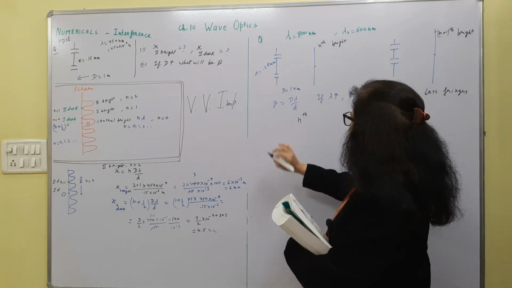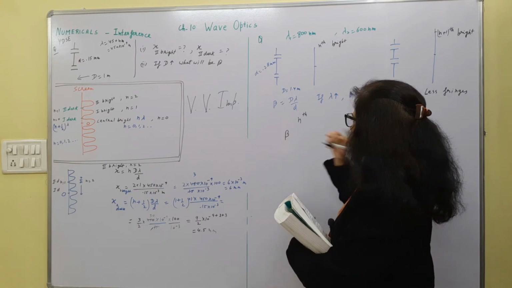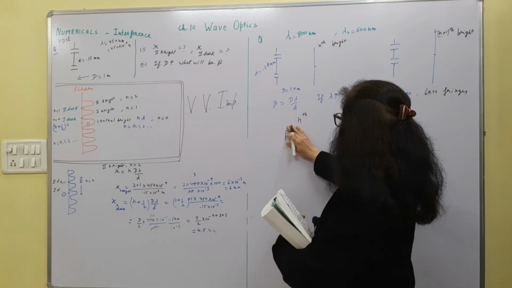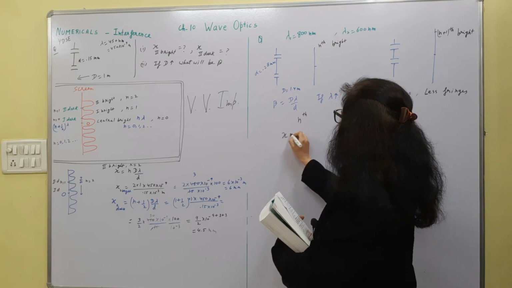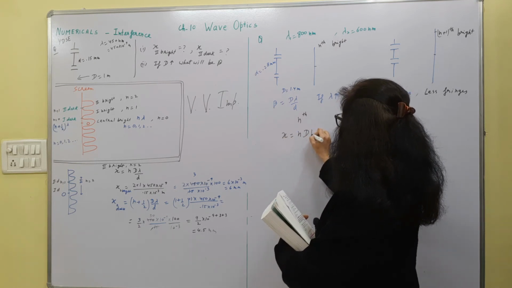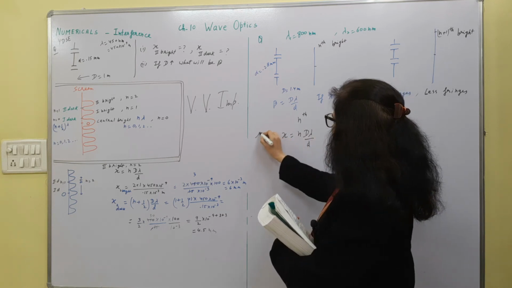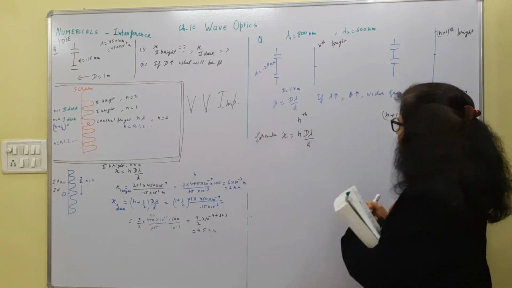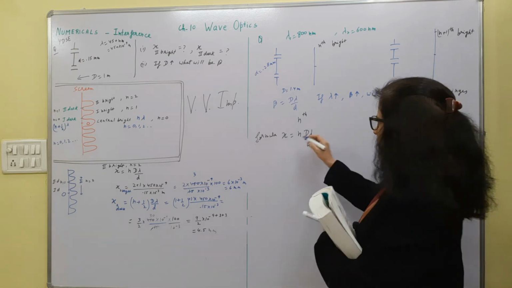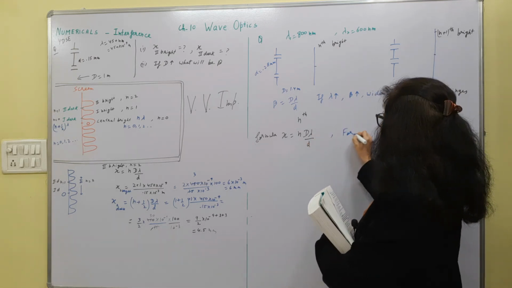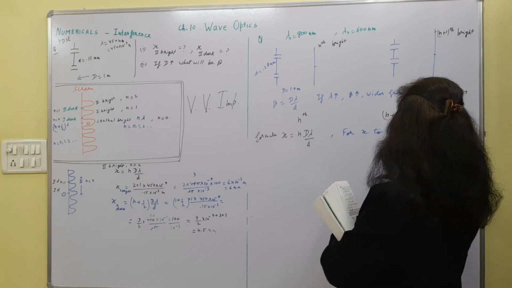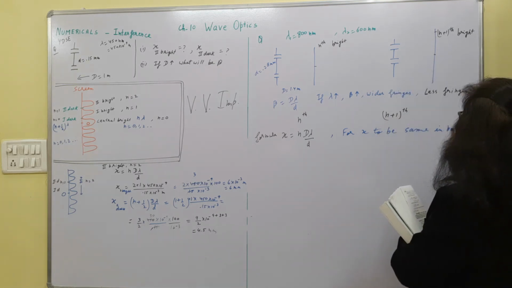So we can write that x is n D lambda upon d. This is the formula, right? So for this we know that x must be the same in both cases.